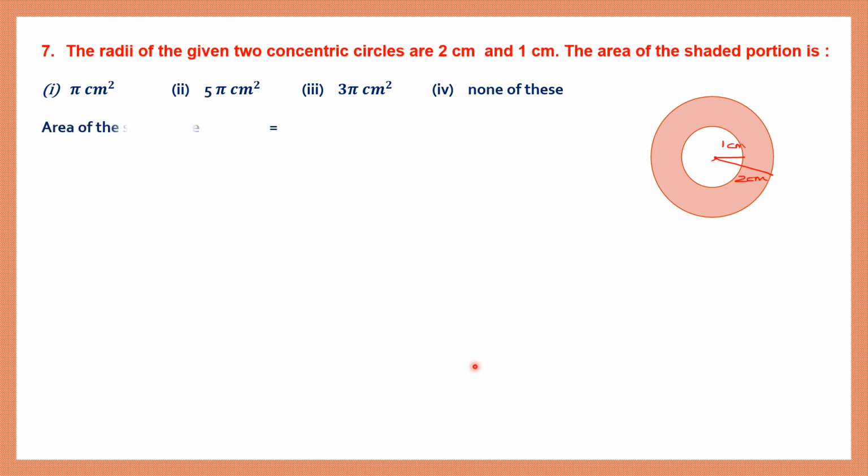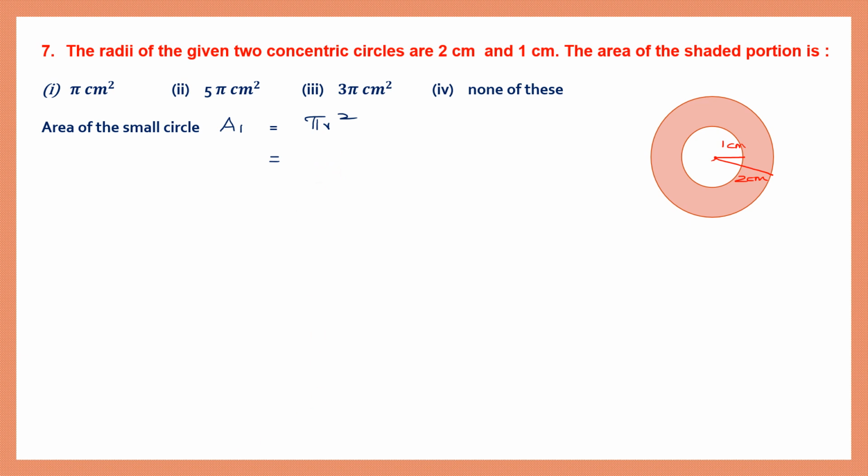So let's begin by saying area of the smaller circle is pi r square. This one we'll call area 1, A1. So A1 is pi r square is the formula. Since our options here are showing pi in the answer, we will not convert pi into 22 by 7.